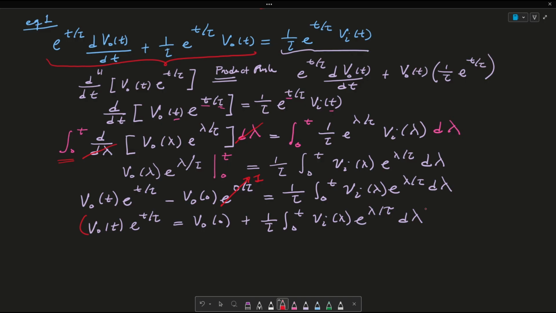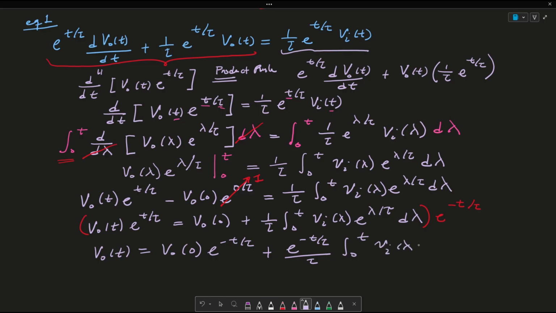If I multiply my entire equation by e to the minus t over tau, I get v out of t equated to v out of 0 e to the minus t over tau plus e to the minus t over tau times the integral from 0 to t of vi of lambda e to the lambda over tau d lambda.